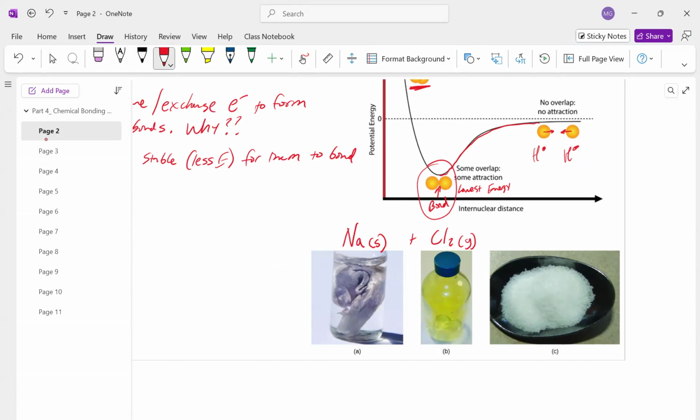Chlorine's also very reactive, very toxic as well. You react the two together and you make sodium chloride, which is just plain table salt. Not very reactive, very stable, and actually necessary for life. So you can see here that by bonding, not only is the resulting compound more stable, but it has completely different properties than the atoms that form it.